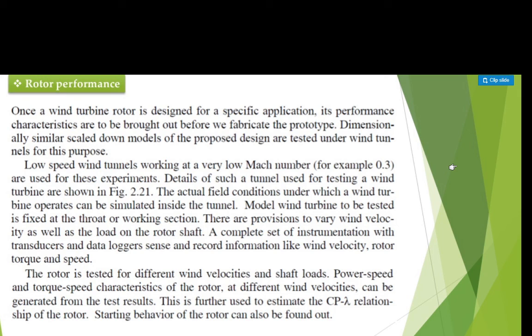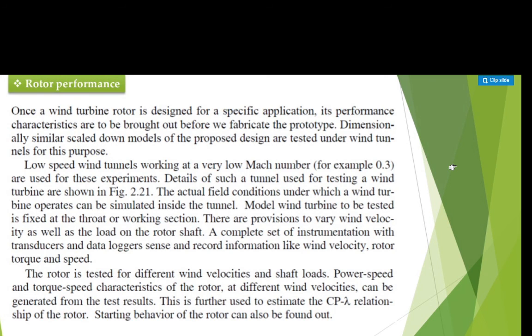The model wind turbine to be tested is fixed at the throat or working section. There are provisions to vary wind velocities as well as the load on the rotor shaft. A complete set of instrumentation, which includes transducers and data loggers, senses and records information like wind velocity, rotor torque and speed.